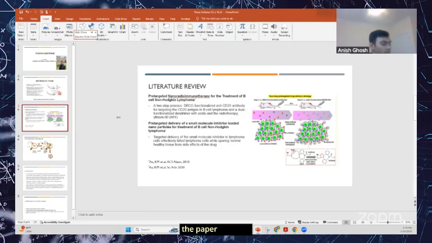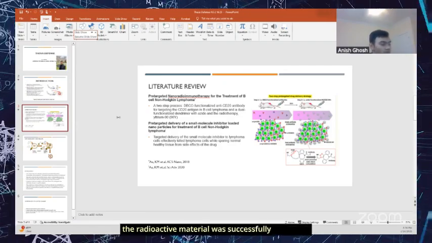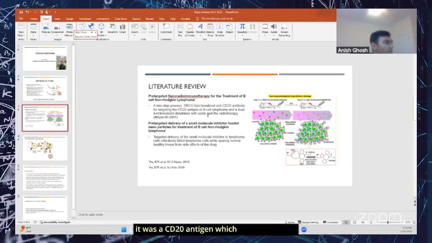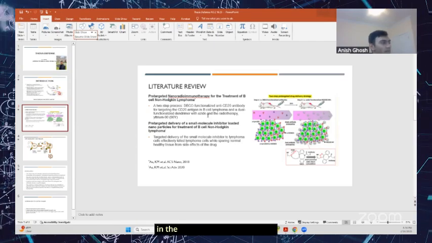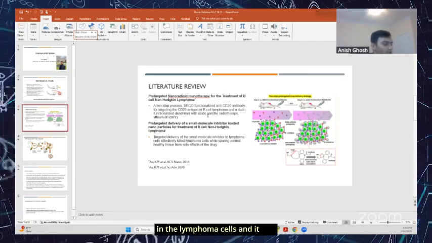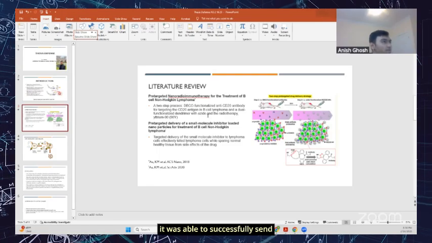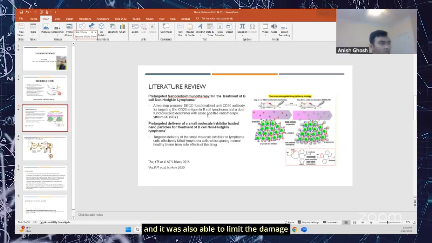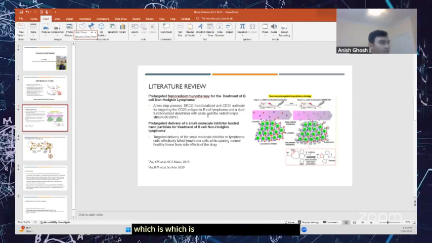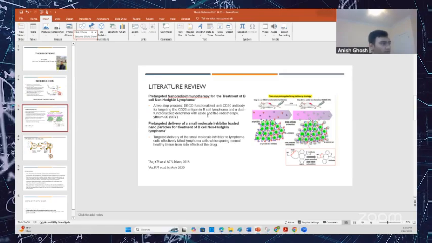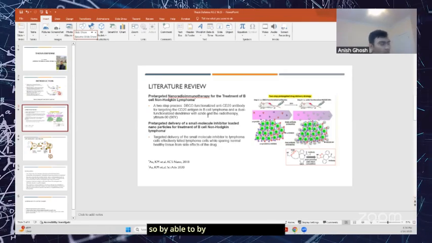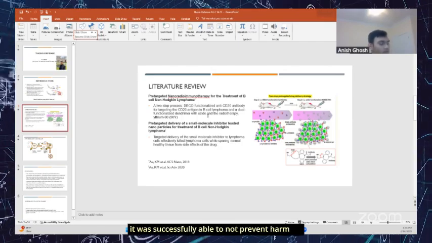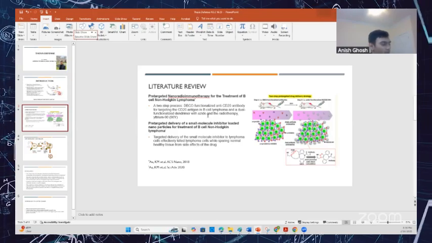With this method, the paper saw that the radioactive material was successfully sent to the CD20 antigen, which was used in the lymphoma cells, and it was also able to limit the damage just to the lymphoma cells, which is one of the major points of it. So by being able to do that, it was successfully able to prevent harm to healthy cells.